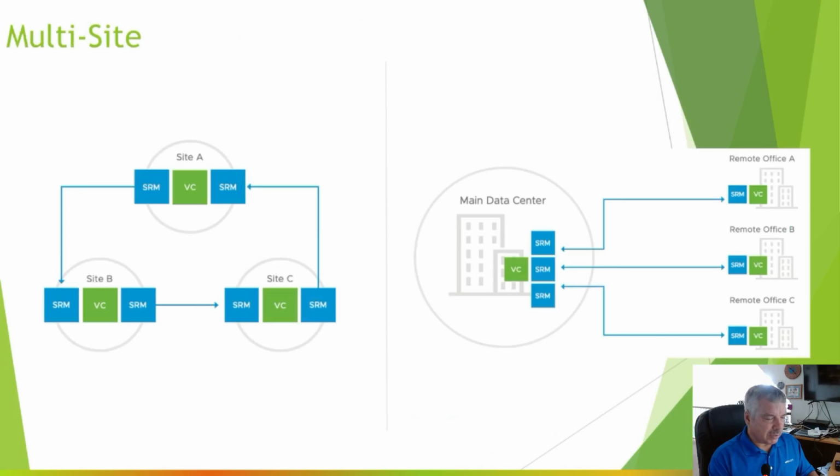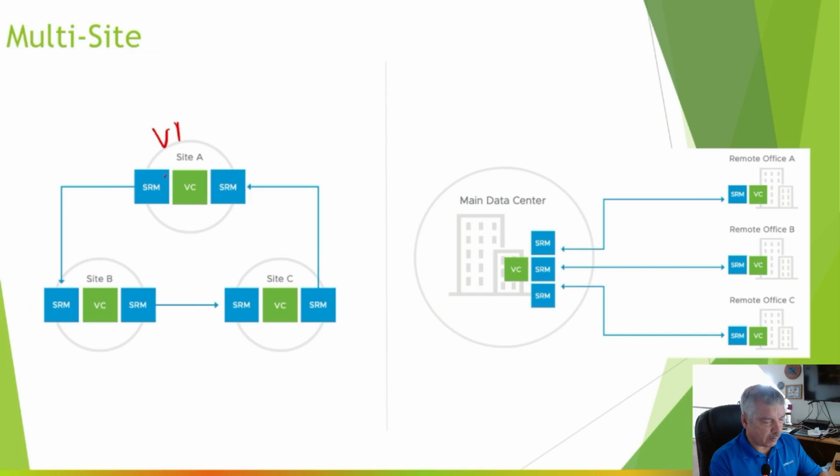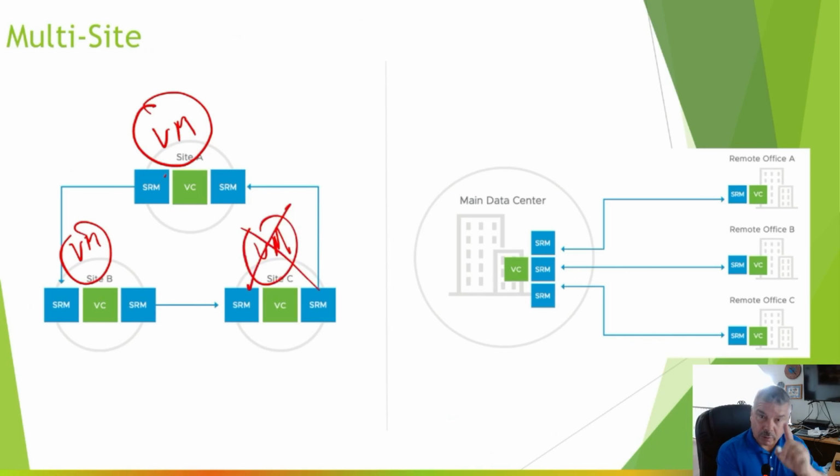When they talk about multi-site here, generally SRM is site to site. So I'm protecting VMs over here to site B, and that's it. In this example, I'm not a big fan of this picture, but it can be done. Don't get confused in this picture where I've got a VM here and it's being protected at both sites. I'm not making a copy to both sites. That's not the case. It's only going to one site.